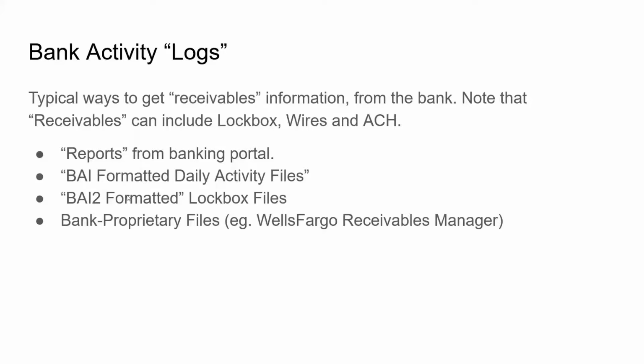Or if you are doing Lockbox with your bank, they will often give you a separate file formatted in BAI2 that has very specific details from your Lockbox. And to add to what Peggy said, depending on how you arrange things with the banks, they can scan all kinds of stuff on the checks.